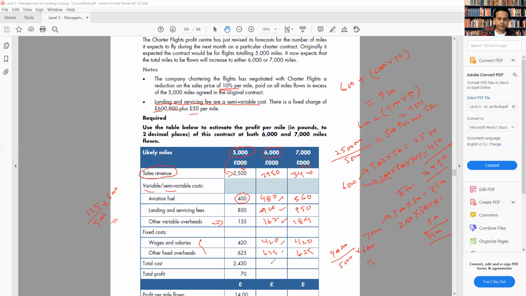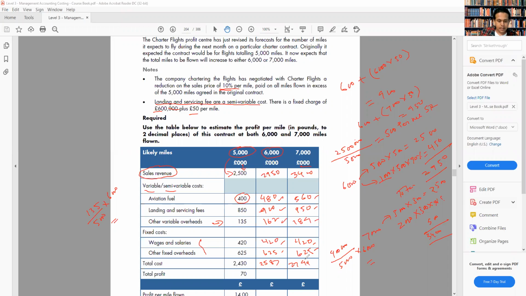So how much will it be? 2587. And the next one we have 560 plus 950 plus 189 plus 420 plus 625. And that will give you 2744.